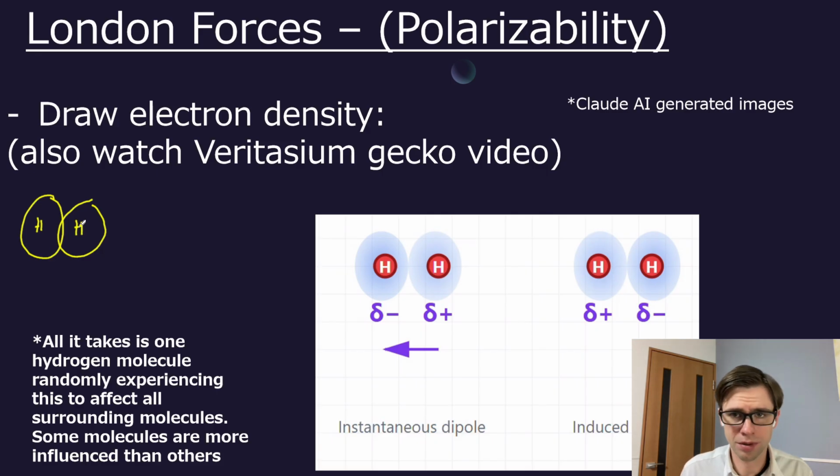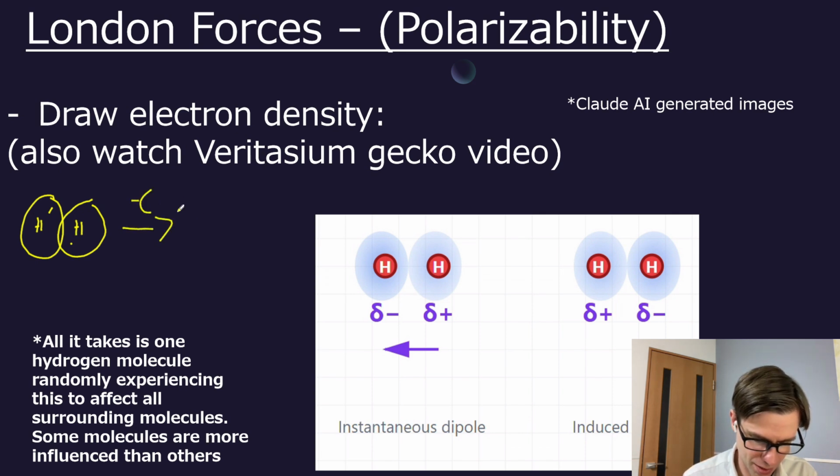But these regions are just probability of where electrons might be found, right? So if we just take a snapshot of this at any time, we might have an electron there on the left one and there on the right one. And this is fairly balanced. The electron isn't really on one side more than the other. There's not more density above or below more than the other. We might take a snapshot of this again after some time t.